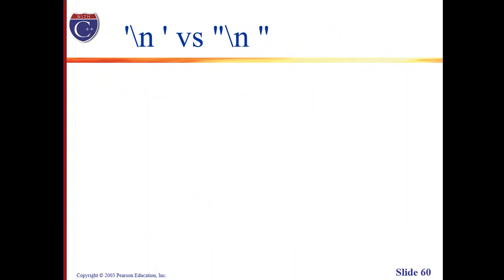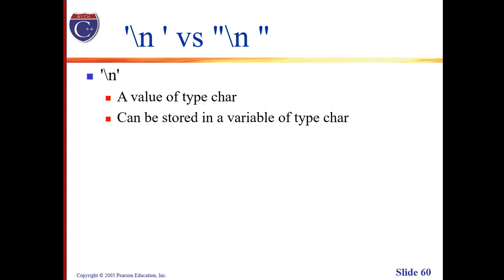Now, what's the difference between the two? We have the following as new line characters, although the other one is shown in different ways. So let's take a look at the first one. The first one is a value of type character, and it can be stored in a variable of type character. On the other hand, the other one is a string containing only one character.